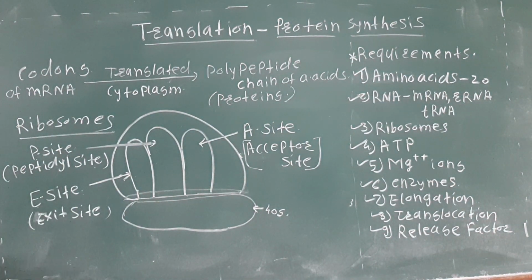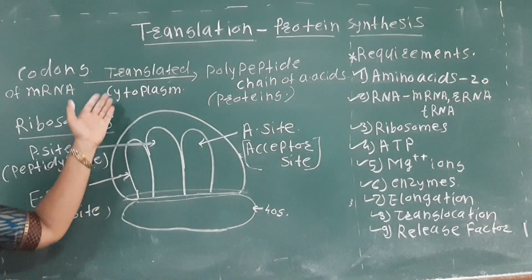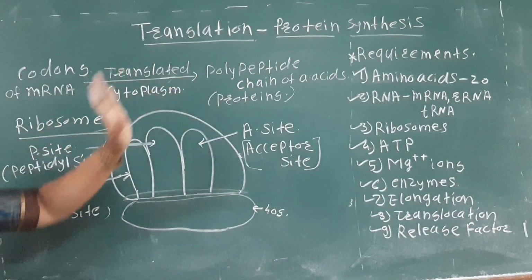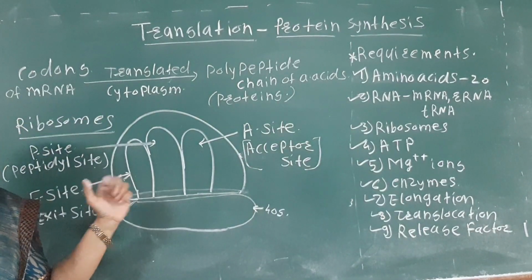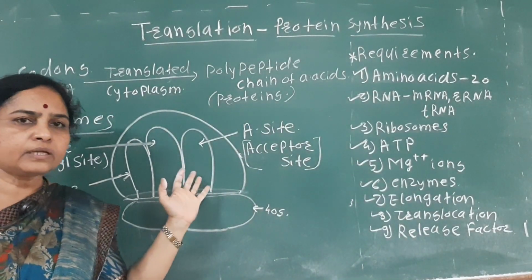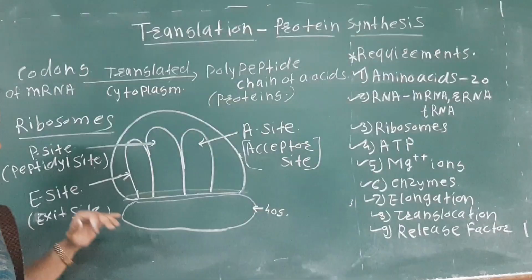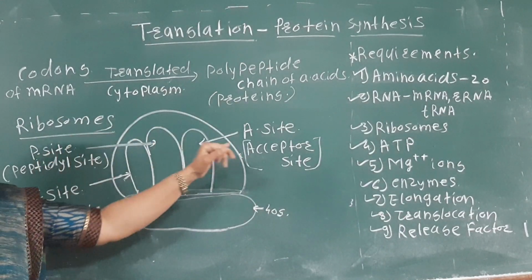Next, we see how the translation process takes place. In the larger subunit there are three sites: E site, P site and A site.